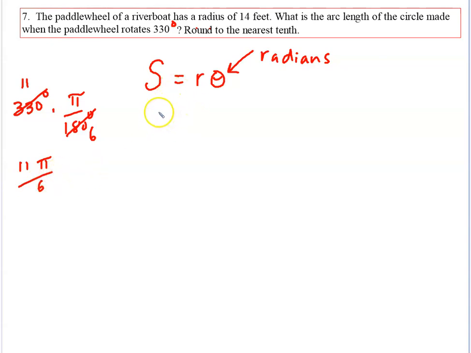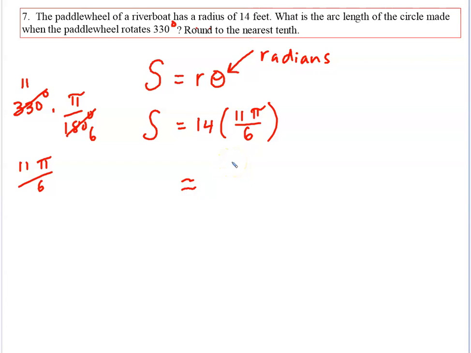All right, so it's easy enough. We can find the arc length by taking the radius, which is given as 14 feet, and multiplying by our theta measurement in radians. And this will be rounded to the nearest tenth.